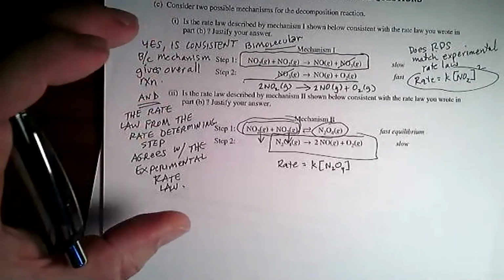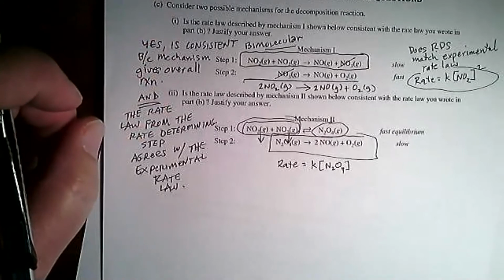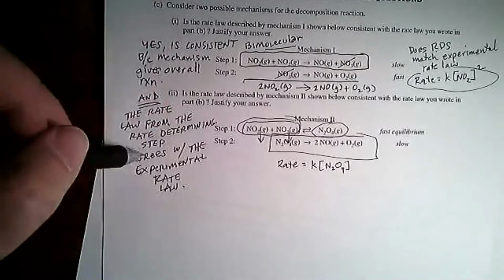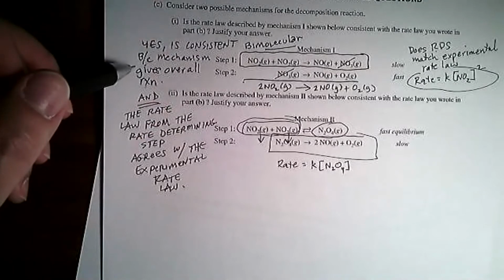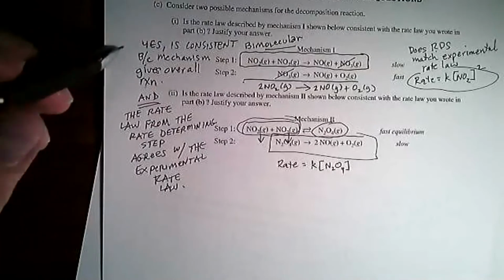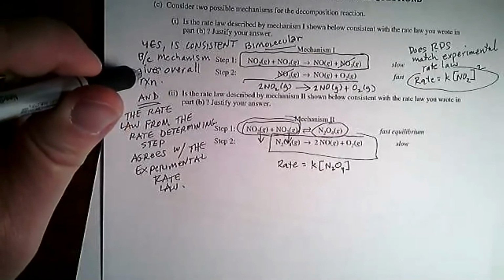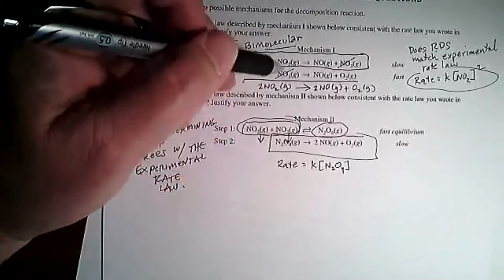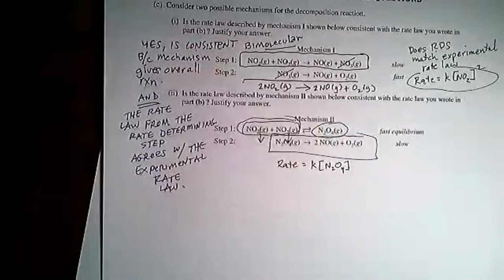Is it 100% positive that that's the mechanism, if it meets these two tests? The answer to that question is no. We can't know for sure whether this reaction, these steps, this mechanism is the one that's actually occurring. All we can say is that it's possible.